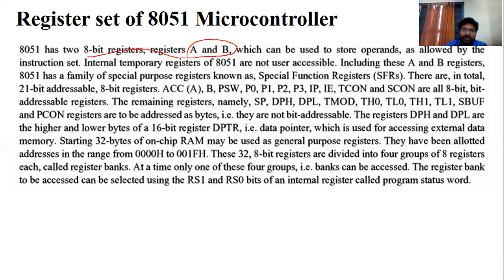The next one is register B. Register B is also one of the operands for CPU operations. It is particularly used in multiply and division operations, because in multiply and division operations, one operand is the accumulator and the second operand is always register B.